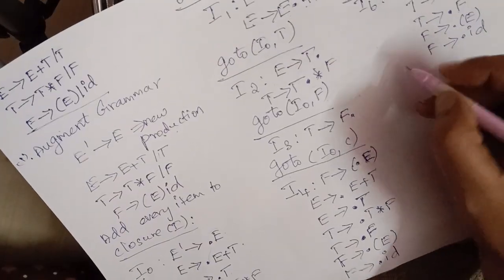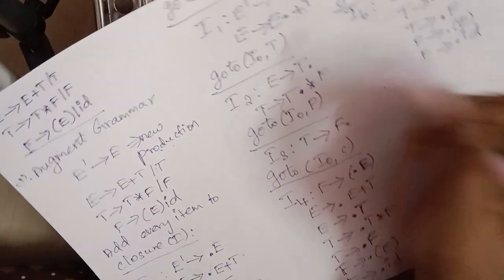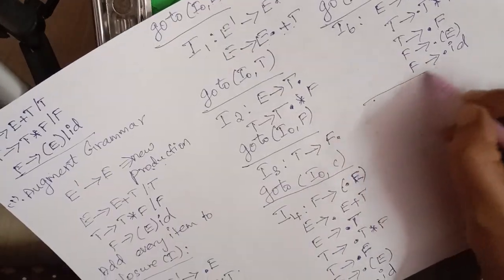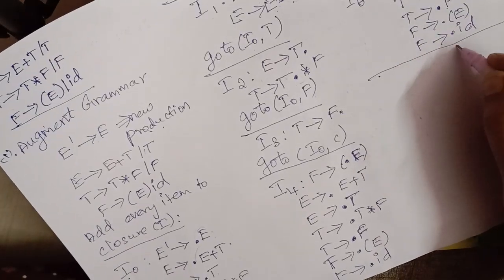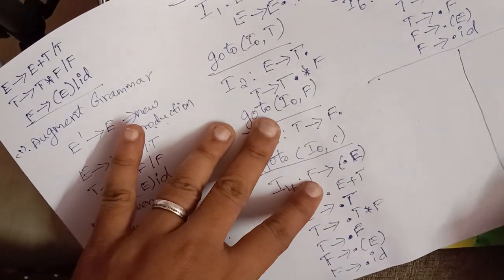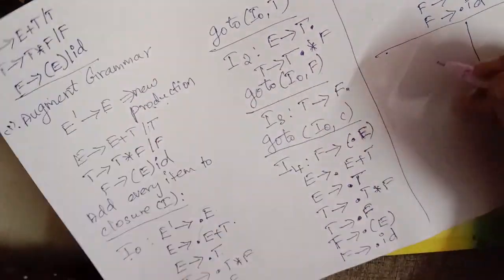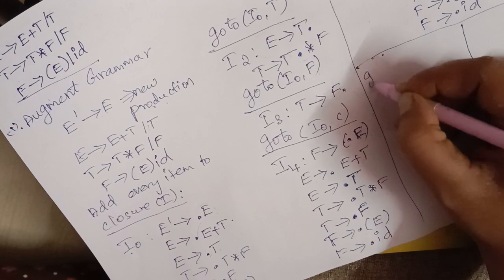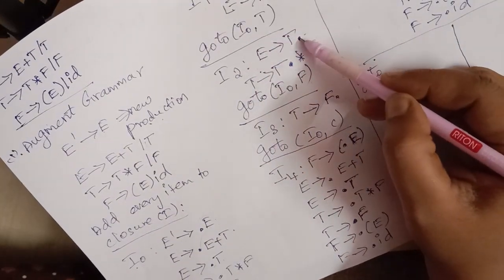After that, I1 is completed. Now we can do goto. You can see here that the dot is already at the end.